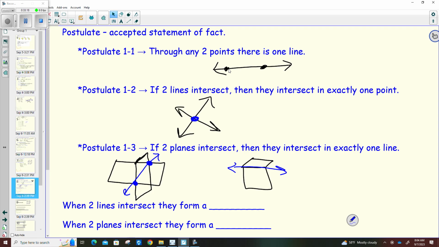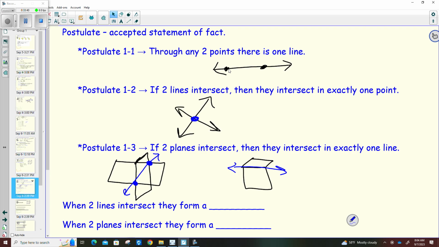Or like a book. If you draw an open book, where the spine of the book would be is your line. So figure out what's the easiest way for you to draw planes. That's your call. Not super important that you are doing great artistic drawings of planes. I am obviously not an artist, so I don't really expect that out of you.